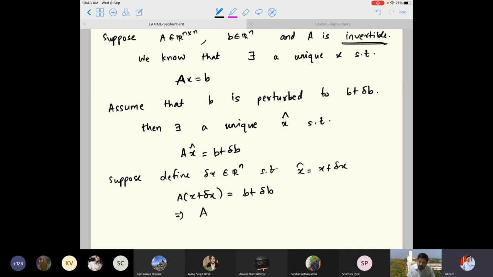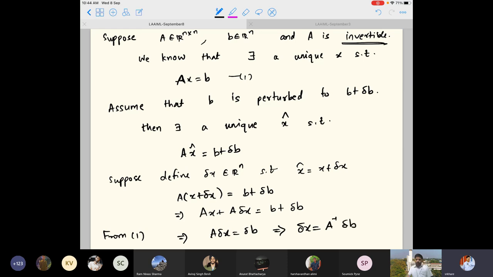That will tell me Ax plus A delta x is equal to B plus delta B. But we know what Ax is from equation 1. From 1, we get A delta x is equal to delta B, which means that delta x is equal to A inverse delta B. Is that okay? This calculation, all of you understand so far?